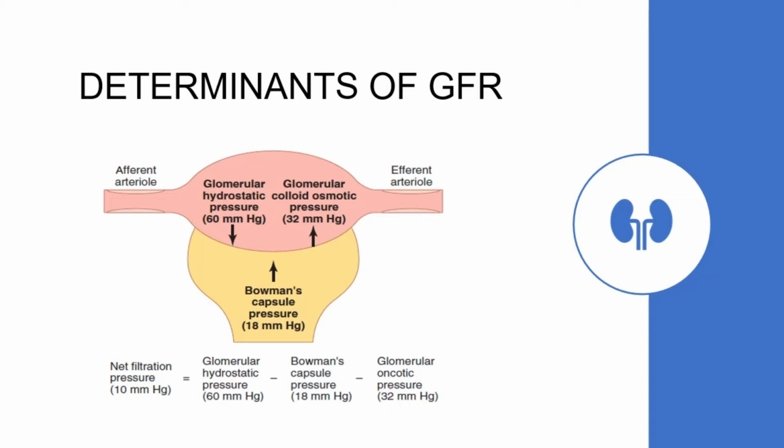Similarly, the Bowman's capsule pressure, corresponding to about 18 mm mercury, also favors reabsorption. A specific characteristic here is that there is no Bowman colloid osmotic pressure, or rather this pressure is so low that it does not affect the overall process of filtration or reabsorption. Hence, using simple algebra, the net filtration pressure across the glomerular capillary comes out to be about 10 mm mercury.